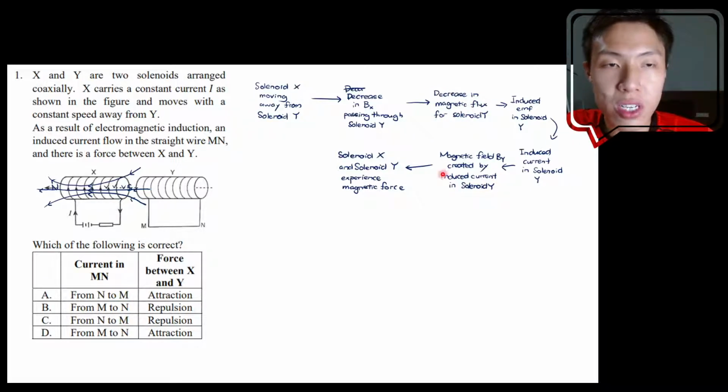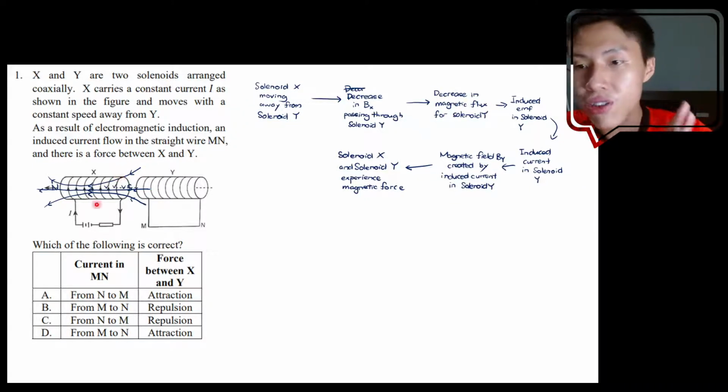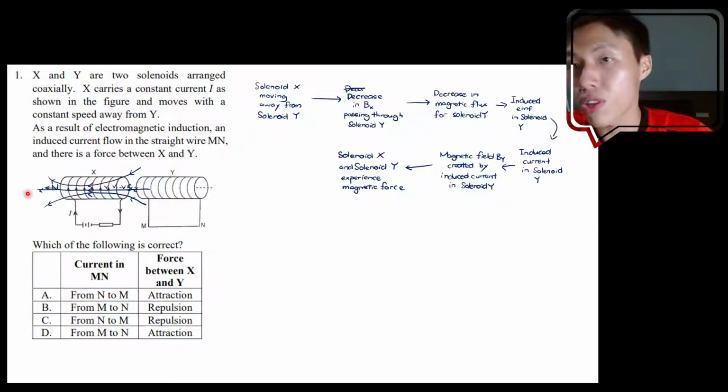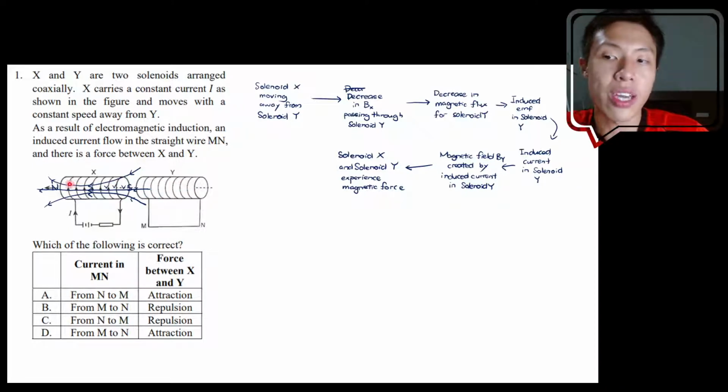The decrease in magnetic flux is caused by solenoid X moving away. So this induced current will try to oppose solenoid X from moving away. If the induced current wants to oppose that, it will need to try to attract solenoid X towards solenoid Y.